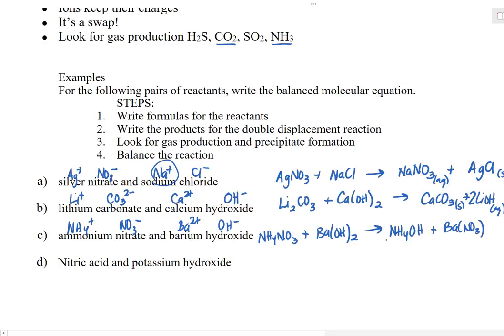Then you can say, oh, NH4OH, that is going to decompose into NH3 and H2O. To balance this, I have 2 nitrates, so I'm going to need 2 on this side, 2 on this side, and I will require 2 waters.